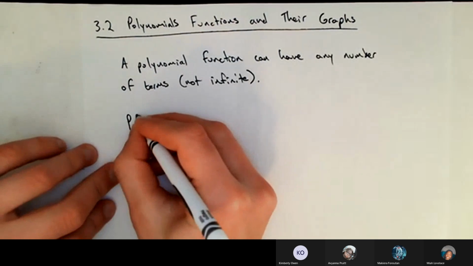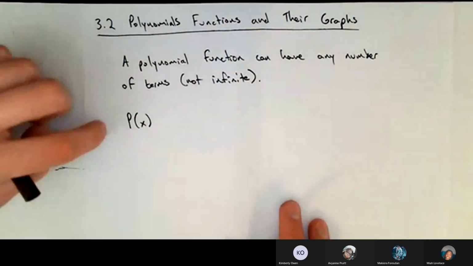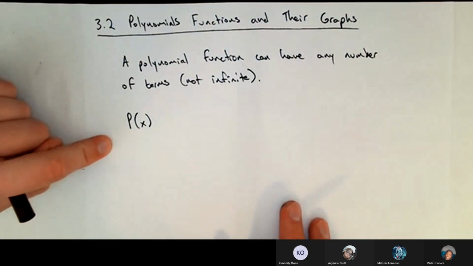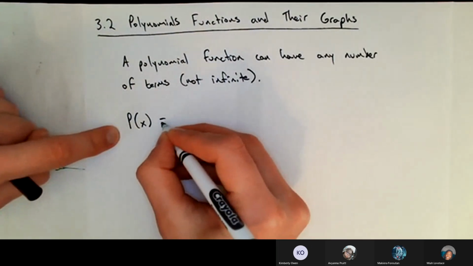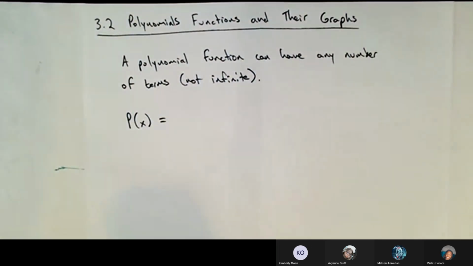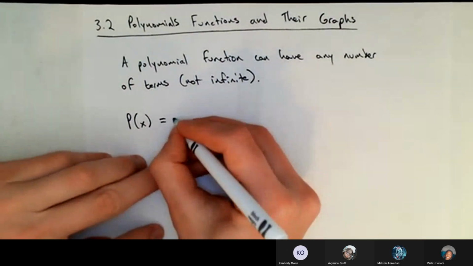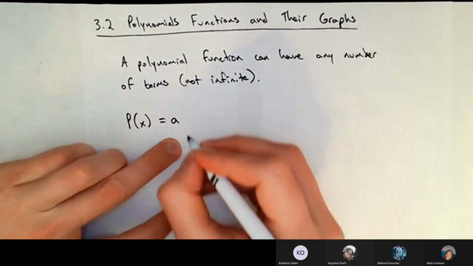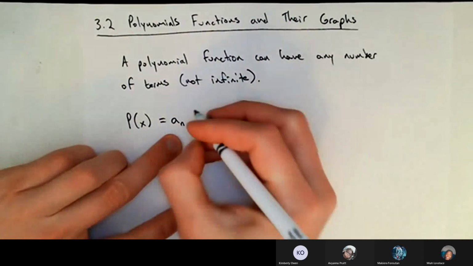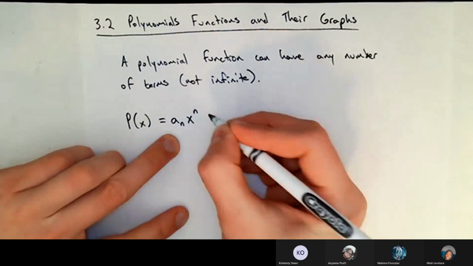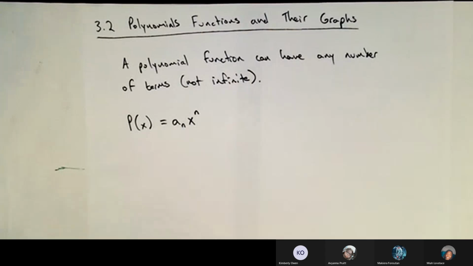So we'll say P of x. Now this capital P is standing for polynomial. So some general polynomial function can be written as, first, the coefficient a sub n, which is the leading coefficient, and it's attached to the highest order term.